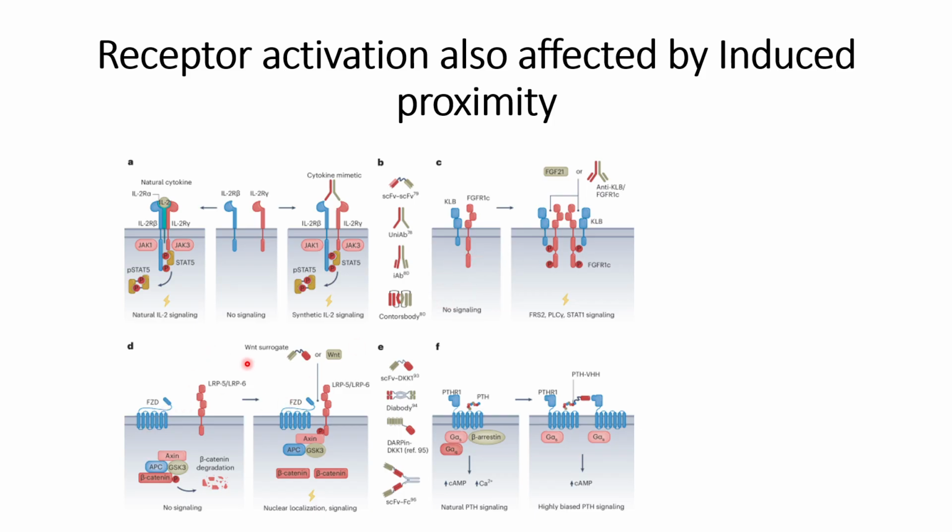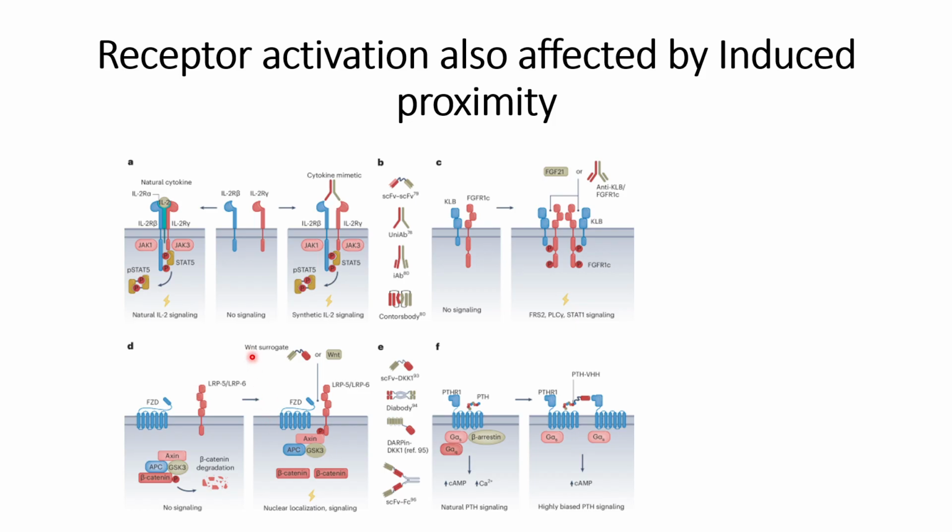Next one is about the WNT pathway. Since the receptors are far away from each other, they won't trigger the downstream signaling. That will cause continuous beta catenin degradation through the complex formation of axin, APC, GSK3 and beta catenin phosphorylation.